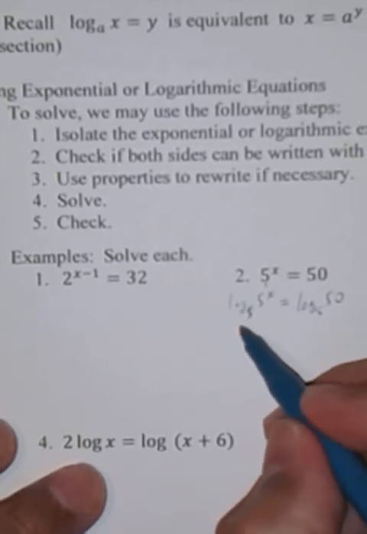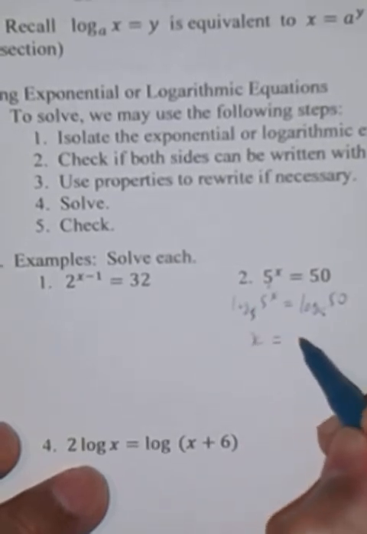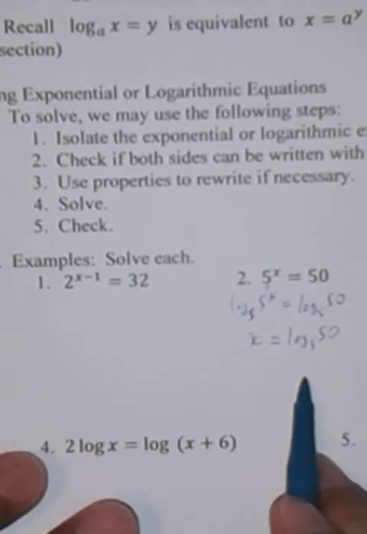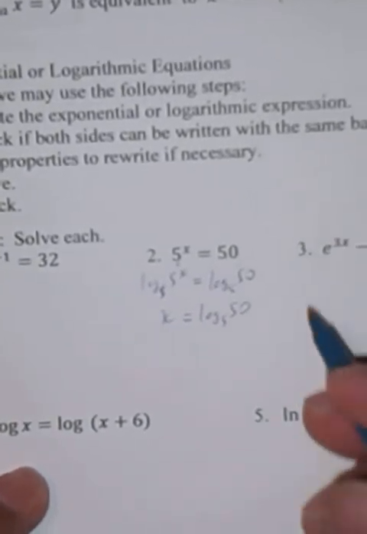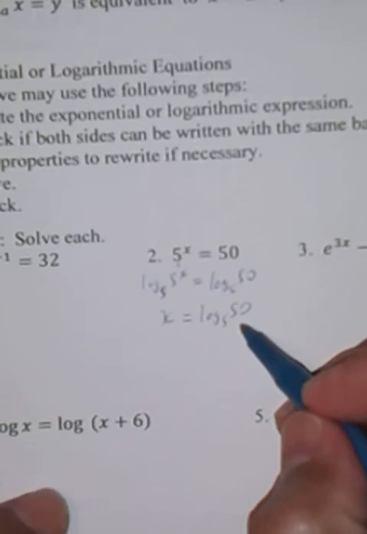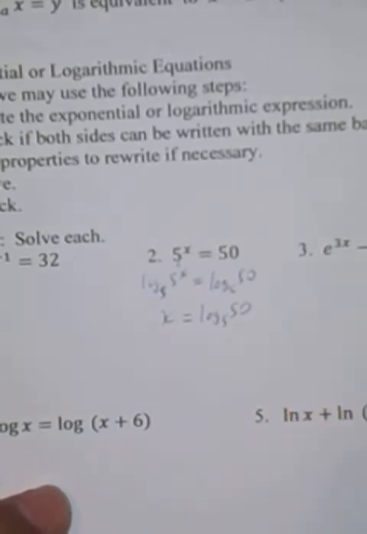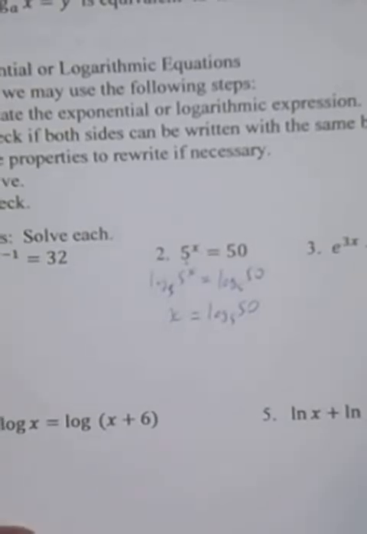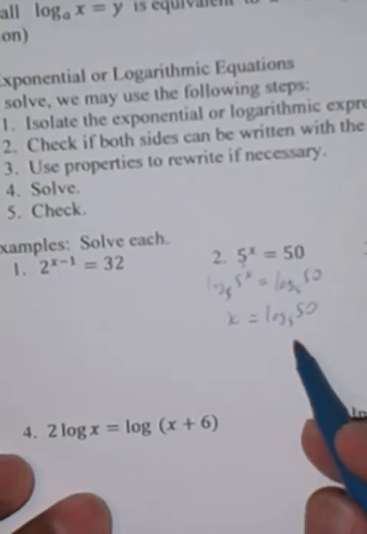All right, so log base 5 of 5 to the x is just x, so x equals log base 5 of 50. Now, I'm okay with that. Some people like to rewrite this as log base 5 of 25 times 2. Then they separate it into log base 5 of 25 plus log base 5 of 2. So you get 2 plus log base 5 of 2. Okay, same thing, does not matter. So that's an exact answer.